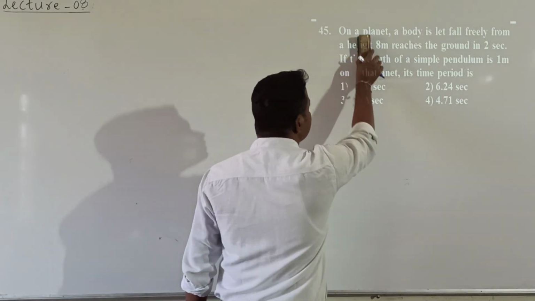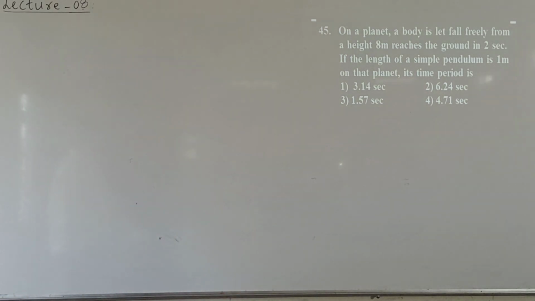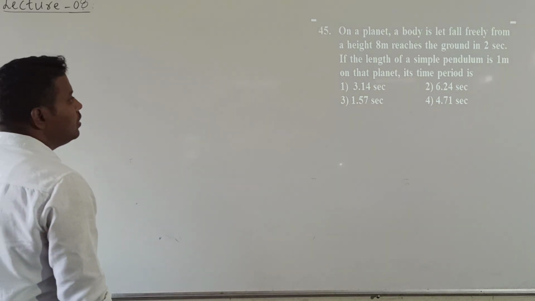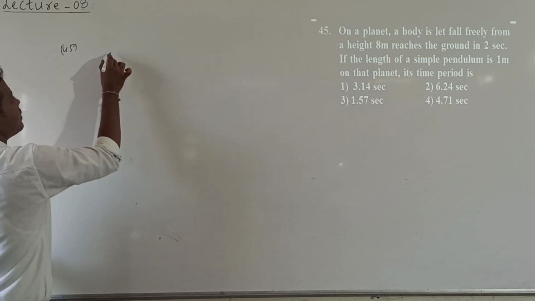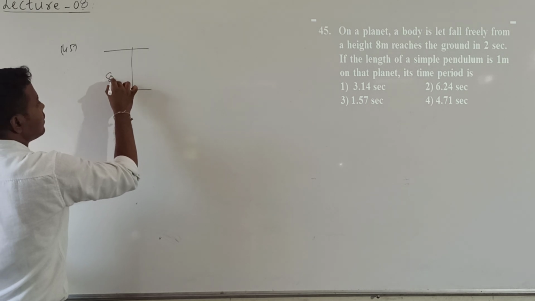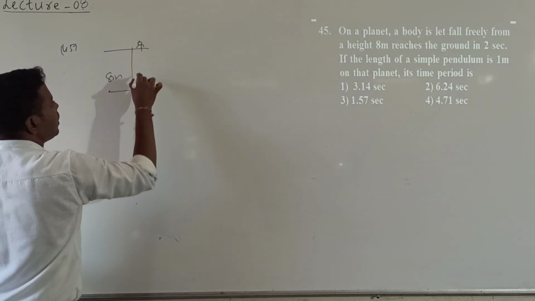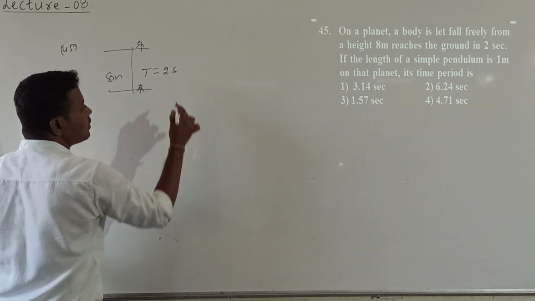On a planet, a boy let fall freely from a height of 8 meters reaches the ground in 2 seconds. A boy falling from a certain height, that height value given as 8 meters. Now the time taken by the boy to reach the ground is t equal to 2 seconds.